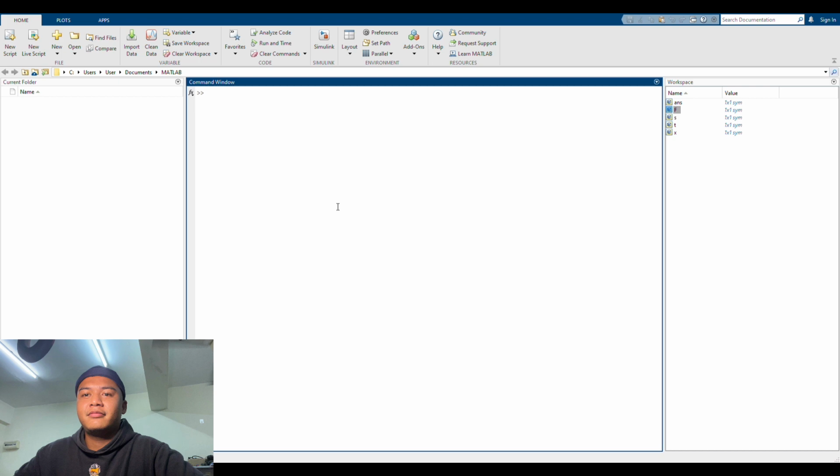Alright, next I will show you about the question of 4a. I still use syms t s. Then I insert the formula x equal 3 times exponent power of negative 3t times Heaviside.